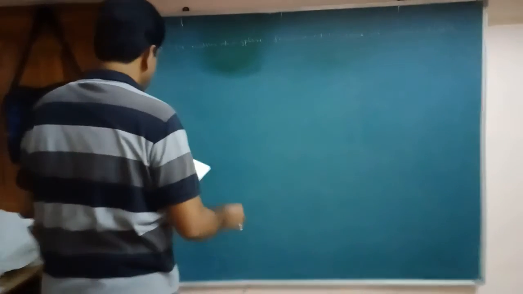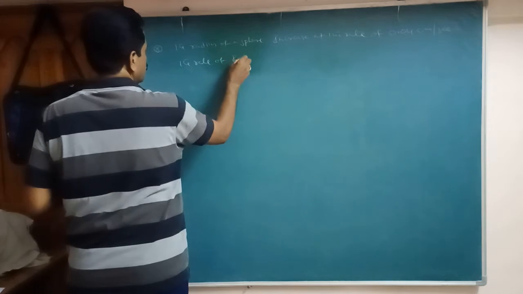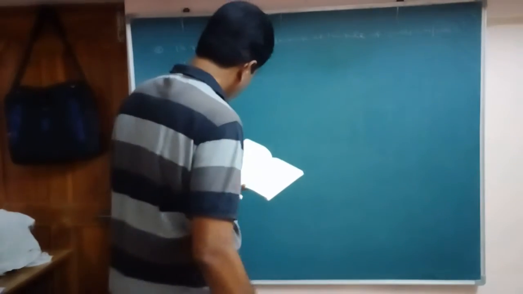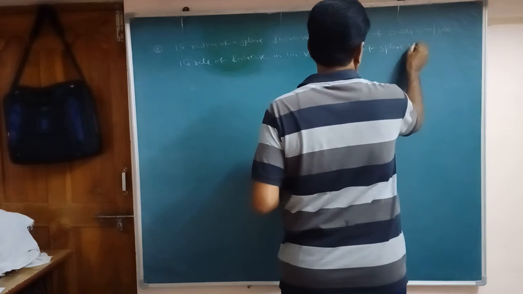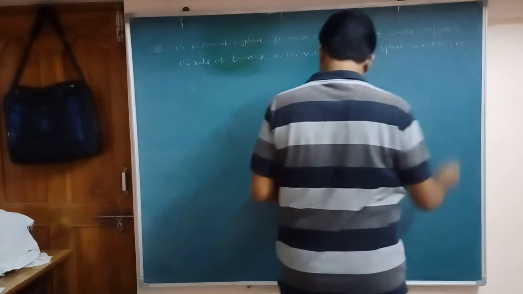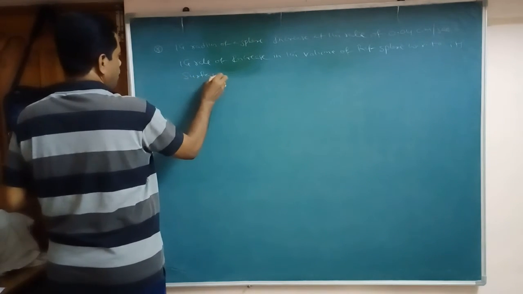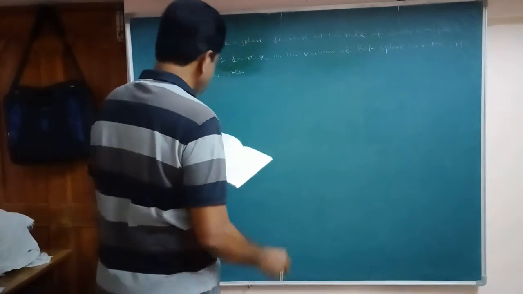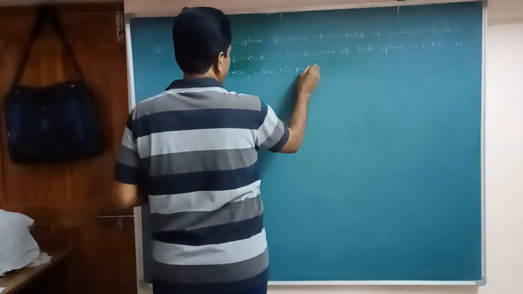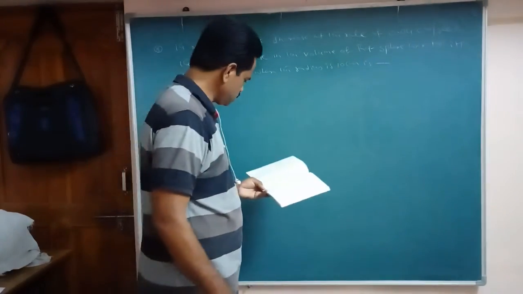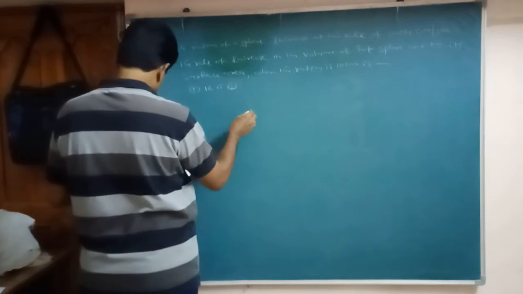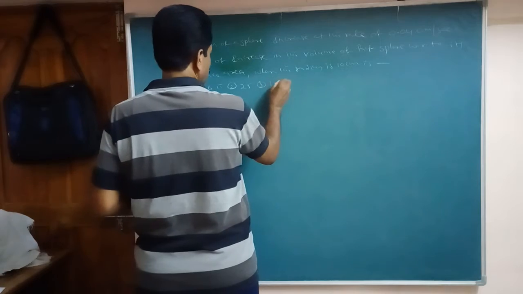The rate of increase in the volume of that sphere with respect to its surface area, when the radius is 10 centimeters, is: first option 16 pi, second one 25, third one 20, fourth one 5.